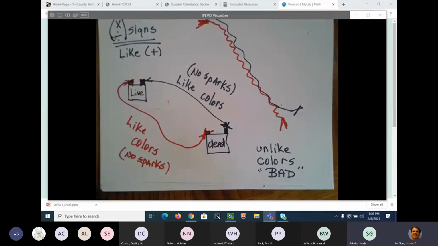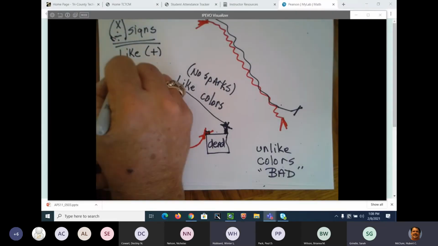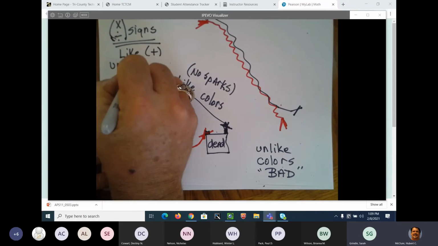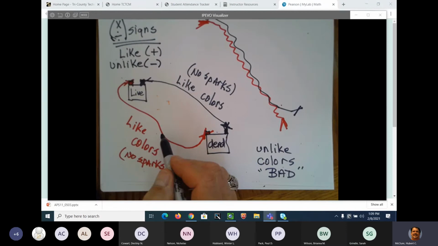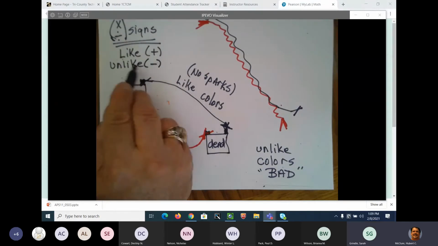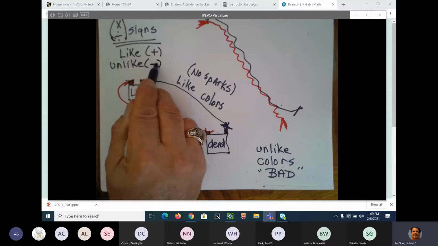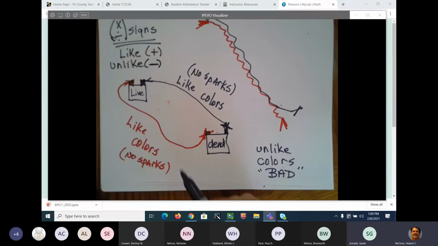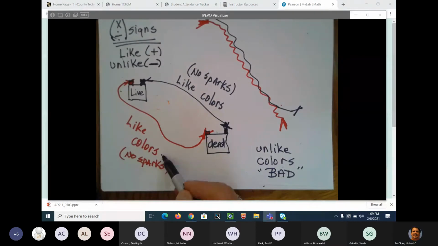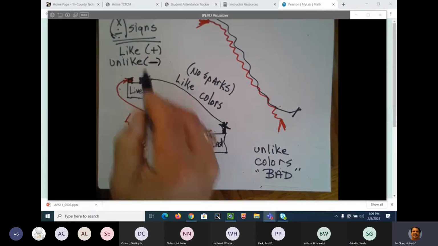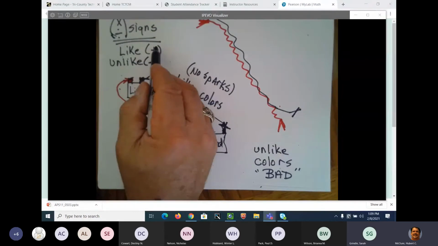Positive and unlike or what? Negative. If I mix up these colors, something bad is going to happen, right? If I have unlike signs, something bad is going to happen. I get a negative. If I keep my like colors together, nothing happens, which is positive. You don't want anything to happen that would blow your car up.